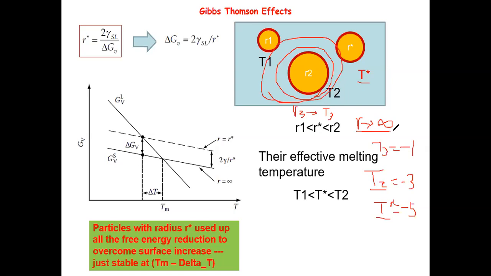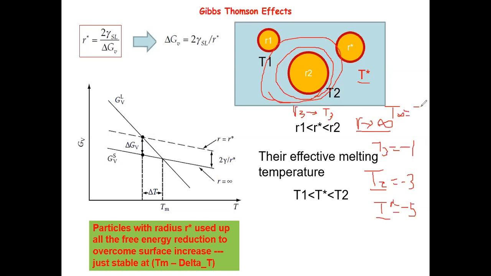So what is the melting temperature for a particle with a radius that goes to infinity? An infinitely large bulk solid. Let's call this T infinity. This is water and ice. What is T infinity? Wouldn't it just be the same as the regular melting temperature on the graph?